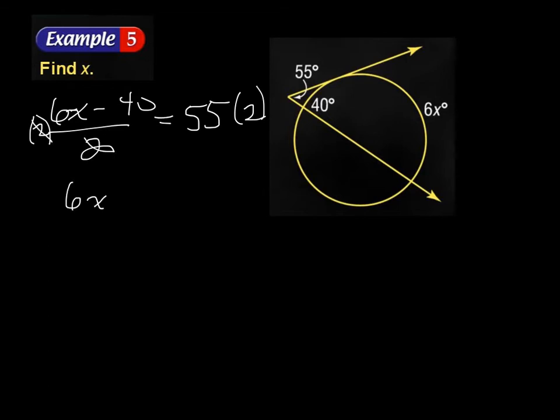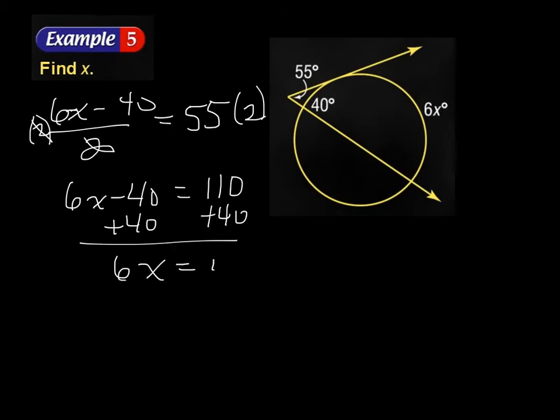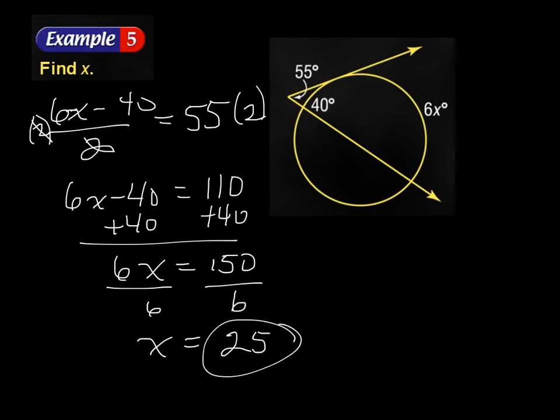So I have 6x minus 40 equals 110. Add 40. Nice basic algebra this lesson. So 6x is 150. Divide by 6, and x equals 25. Again, I don't need the degree sign because it's already there.